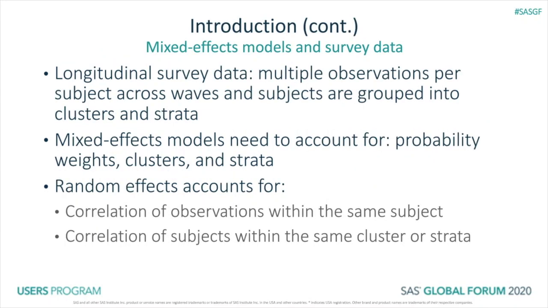In typical longitudinal survey data, you can have multiple observations per subject across waves, and subjects are also grouped into clusters and strata. The mixed effects model needs to account for the survey features: probability weights, cluster, and strata. In this type of model, the random effects account for correlation of observations within the same subjects and correlation of subjects within the same cluster or strata.